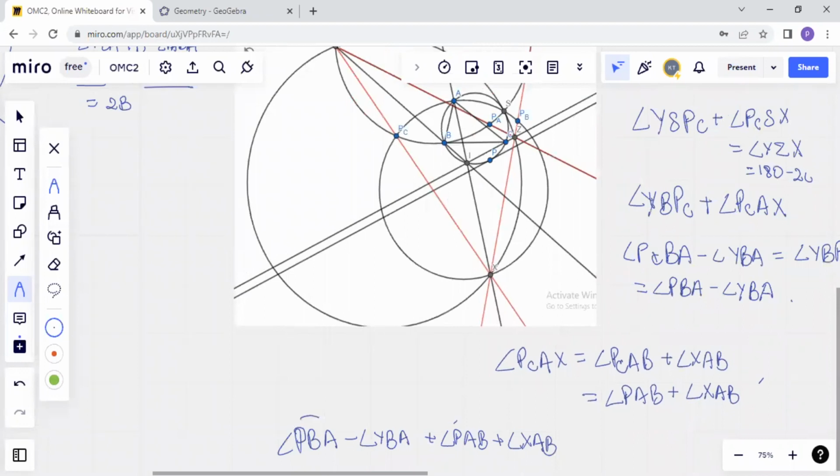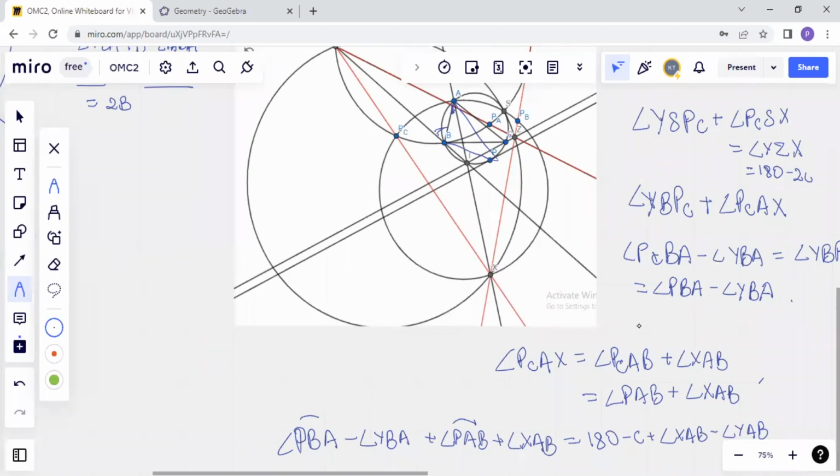So note that angles PBA and PAB sum to 180 minus angle APB in this triangle, and APB is just C. So we can write this as 180 minus C plus angle XAB minus angle YAB. Now XAB is this angle and YAB is this angle.